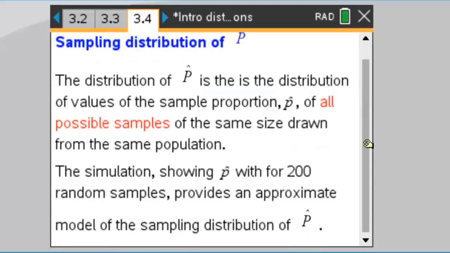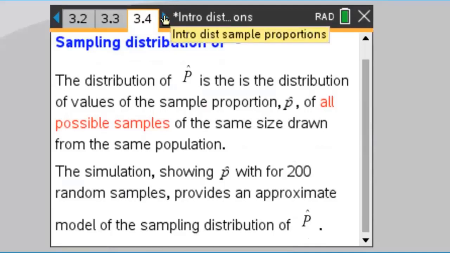So in this simulation, we're not showing all possible samples, we're showing 200 random samples. But it does provide an approximation that allows us to see what the sampling distribution would look like if we had a lot more.